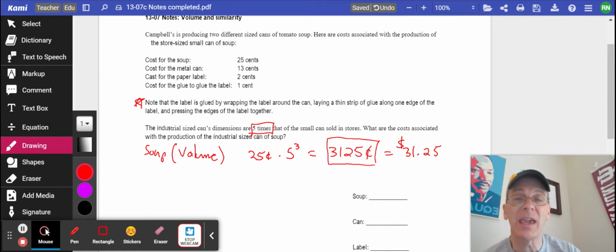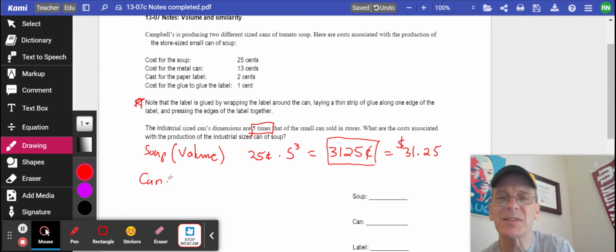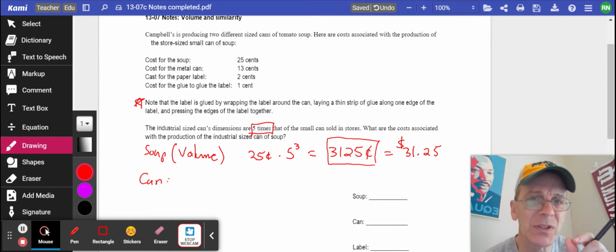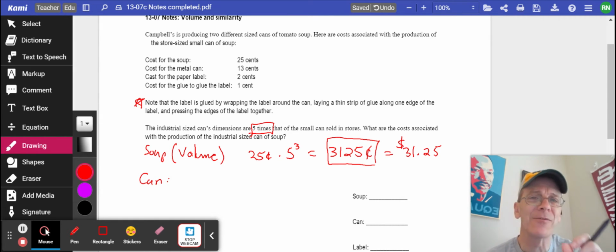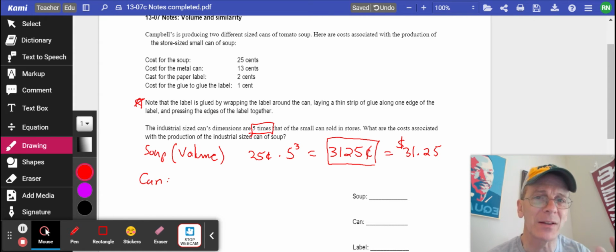How about for the metal can now? Okay. What is the metal can? What kind of stuff is that? Is the metal being used to make the can a volume of metal? Is that an area of metal? Is that a length of metal? I'm not sure how obvious this is.